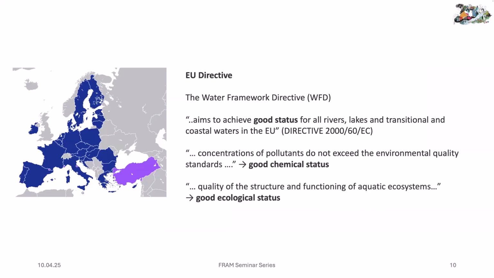On one hand, we have the aim to achieve a good chemical status, meaning concentrations of chemicals that do not exceed a specific environmental quality standard, but also a good ecological status, meaning the quality of the structure and functioning of the aquatic ecosystem remains in good shape, which is very difficult to define. We have indexes related to that, but it is a process which demands a very big effort from the biological perspective.